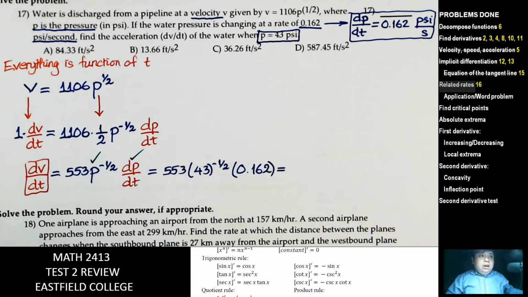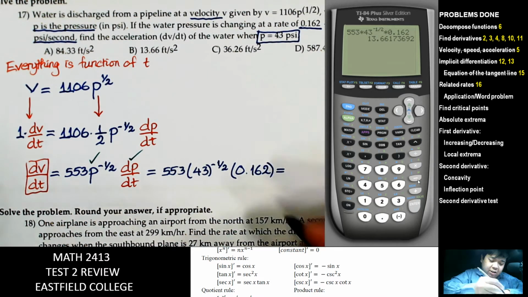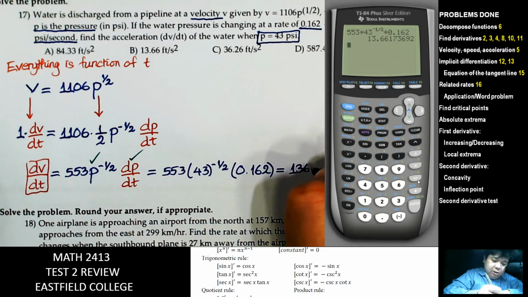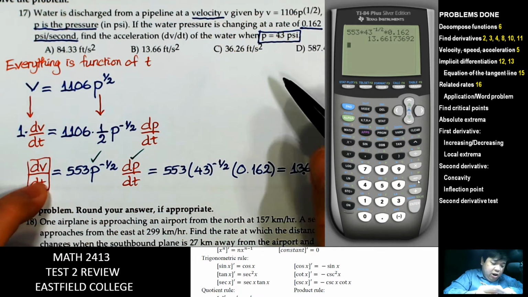So I have a calculator here too. 553 times 43 to the negative 1/2, and then times 0.162, we have 13.66. 13.66, and we have the velocity in feet per second divided by another seconds.